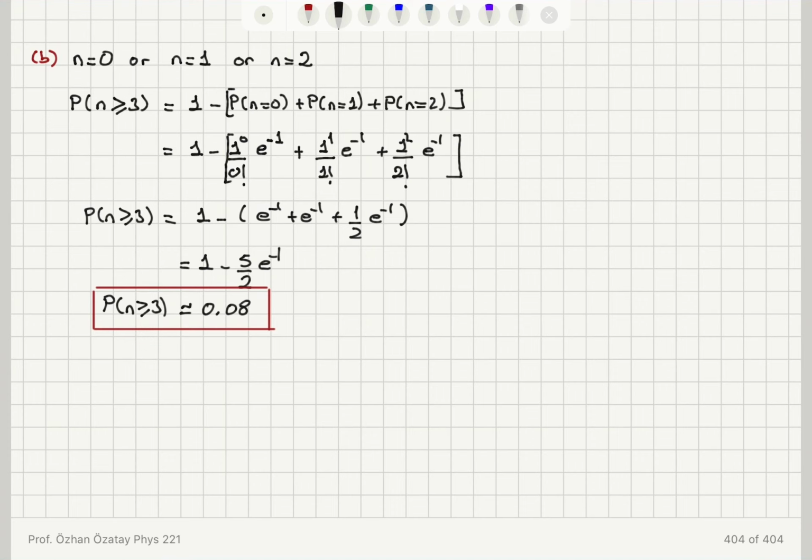That is the probability that n is greater or equal to 3. So this gives us 1 minus 1 to 0 over 0 factorial e to minus 1, plus 1 to 1 over 1 factorial e to minus 1, plus 1 to 2 over 2 factorial e to minus 1. So we find that numerically the result is 0.08.